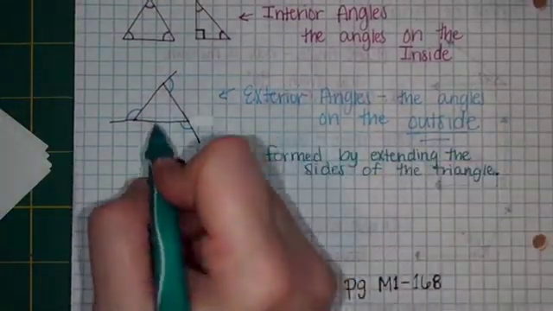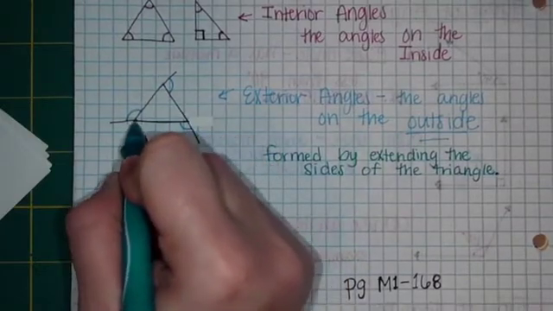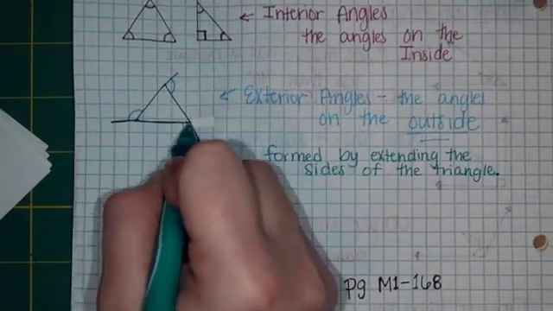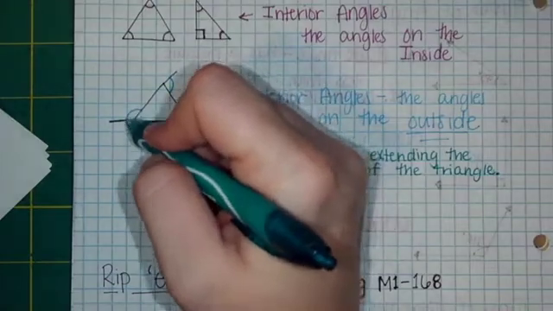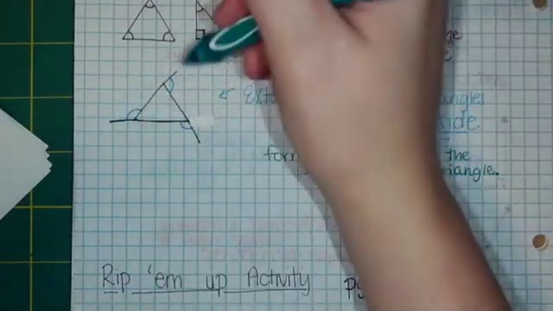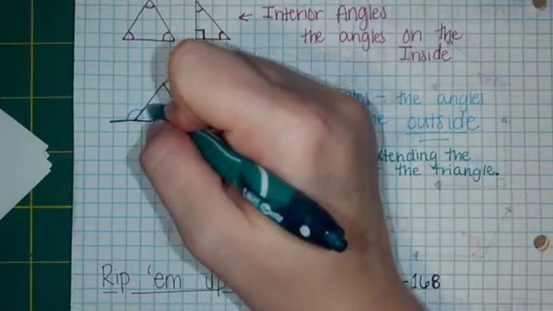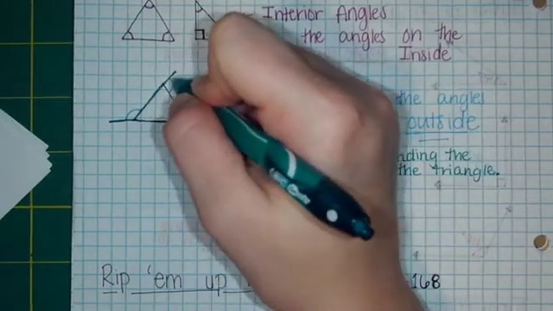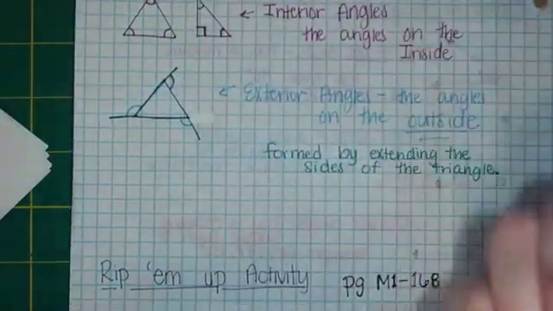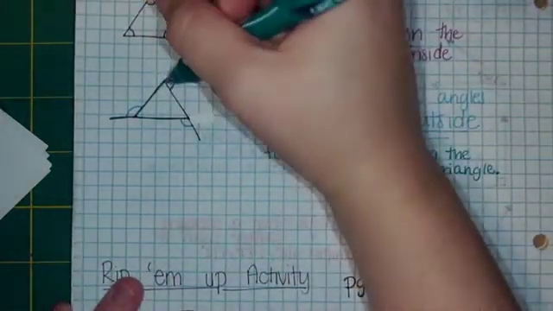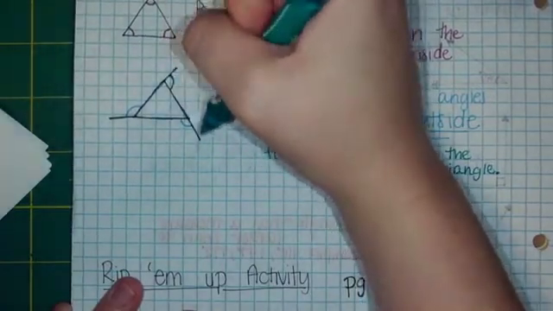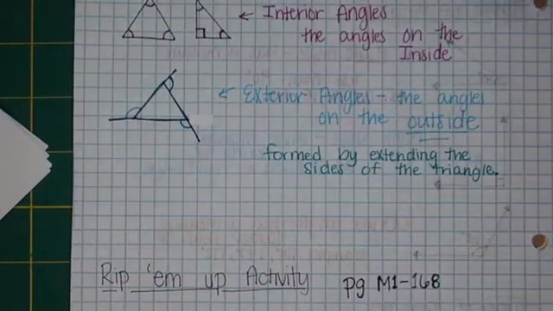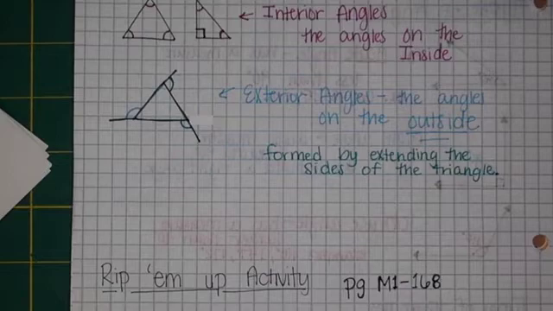Okay, so notice this side of this triangle is extended, and that's where I'm making the angle, on the outside of that triangle. So if I extend this one, it's formed on the outside of the triangle, and again this way. So I extended it, and it's that angle out there.